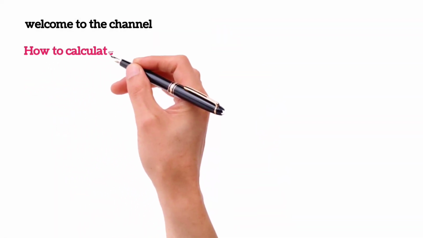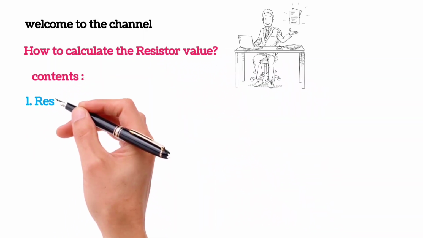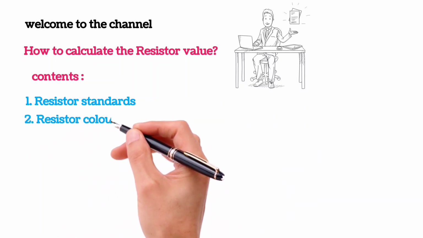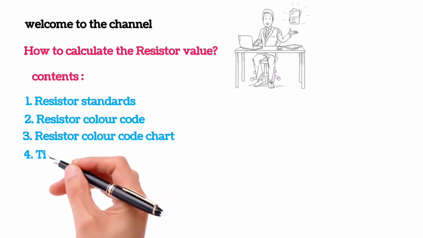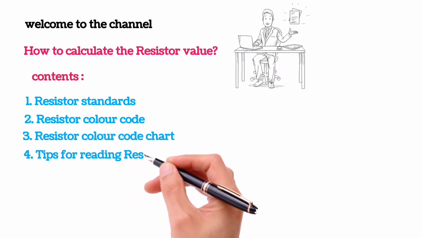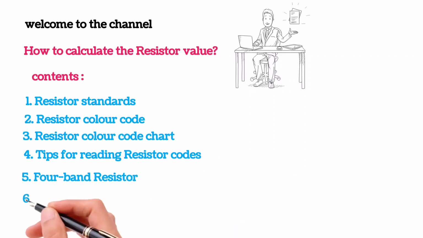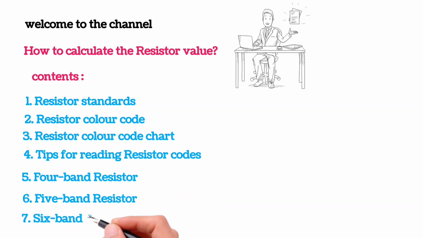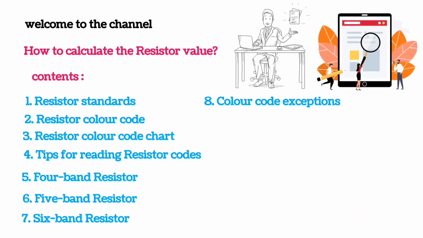In this video we will discuss how to calculate the resistor value. The topics are: first, resistor standards; second, resistor color code; third, resistor color code chart; fourth, tips for reading resistor codes; fifth, 4-band resistor; sixth, 5-band resistor; seventh, 6-band resistor; eighth, color code exceptions.